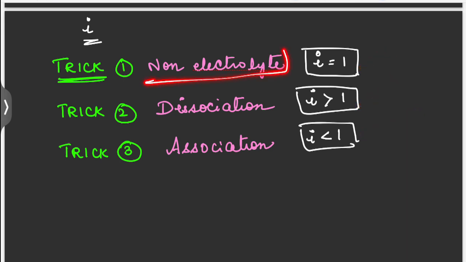Now let us take them one by one and find out how to find this value. First one is non-electrolyte. What is the value of i here? i value should be equal to 1.